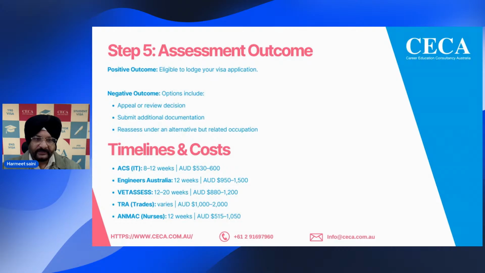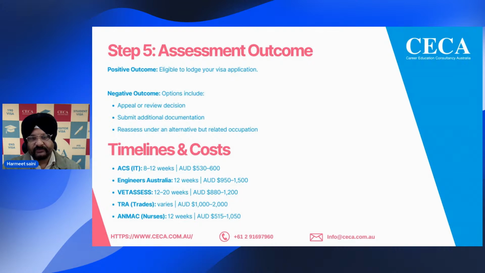But you can take the idea of the fee structure and timeline provided on the screen. This is all about the assessment process, the different assessing authorities, how they conduct the assessment, and how mandatory the skill assessment process is.